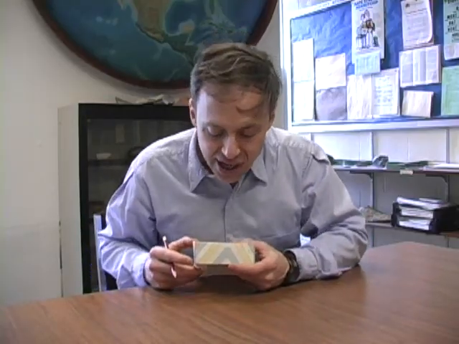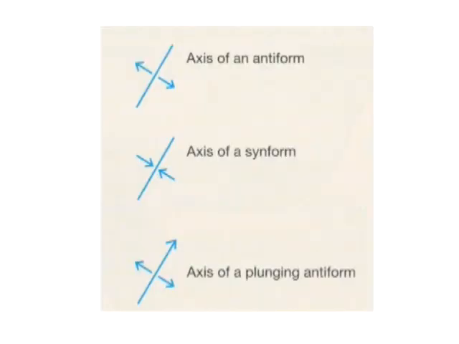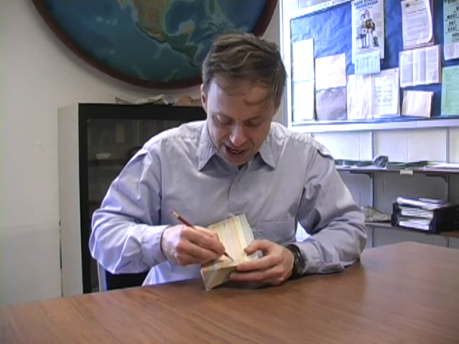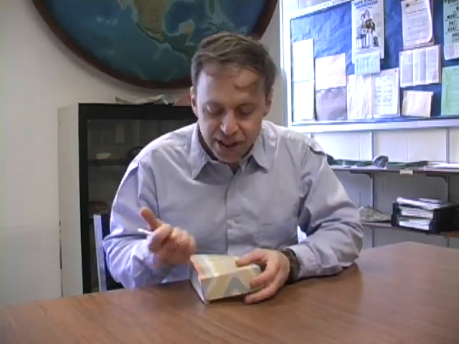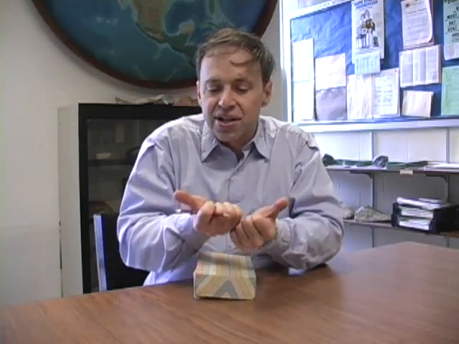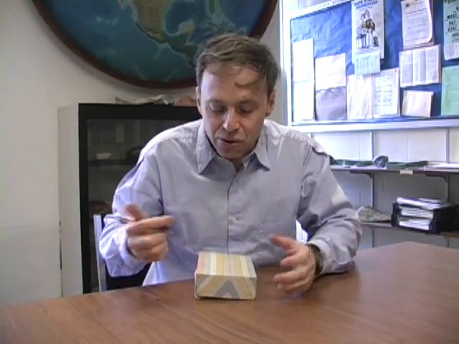We'll use the other side. And what you can do is put what is called the symbol for an anticline. You'll see this in your book. What you do is you put a line right down the top of the fold axis of your antiform. And what it tells you is that the beds are going to dip away from your fold axis.